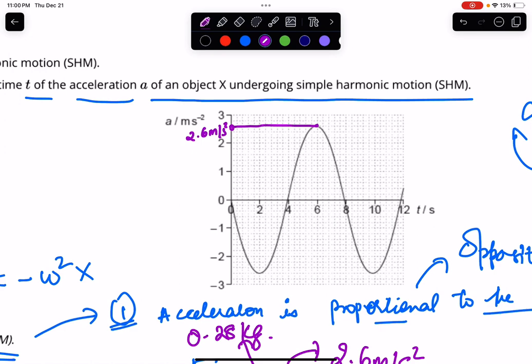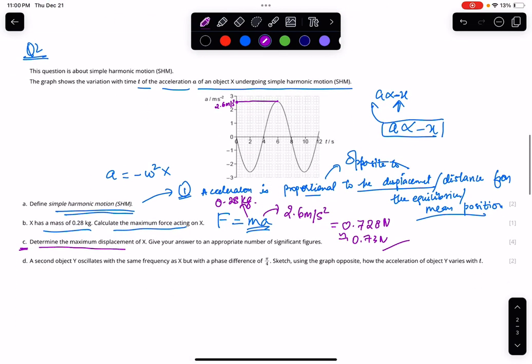Okay. So in this case, we can see how to go about this, right? So determine the maximum displacement of x, okay? So we know the acceleration time graph, right? And we know that the acceleration is negative omega squared x, okay?